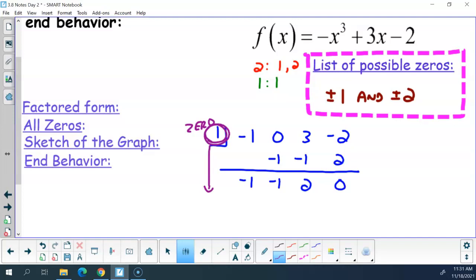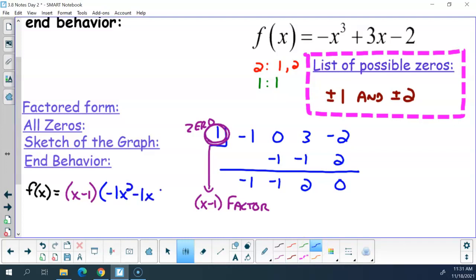what's the factor though? x minus 1. x minus 1 is the factor. So now I can write f of x as x minus 1 times negative 1x squared minus 1x plus 2.